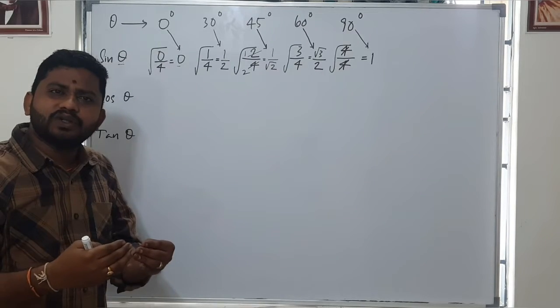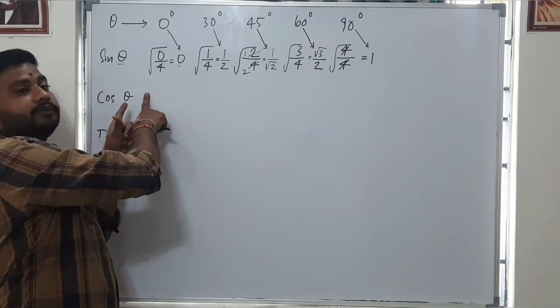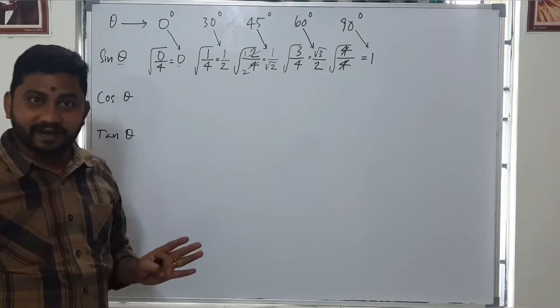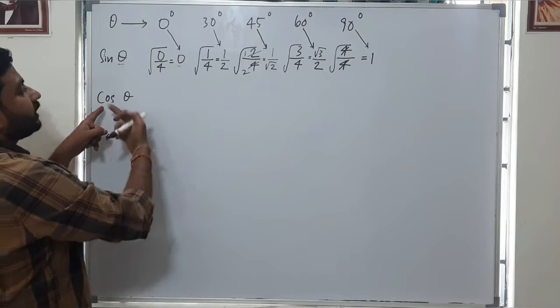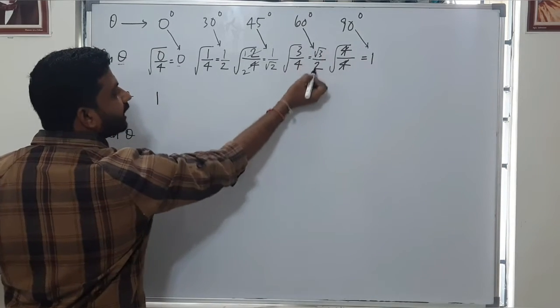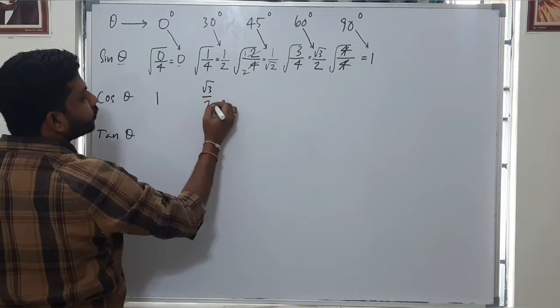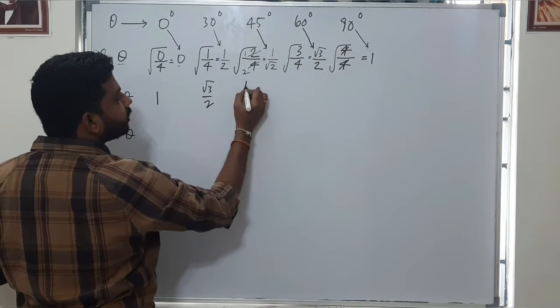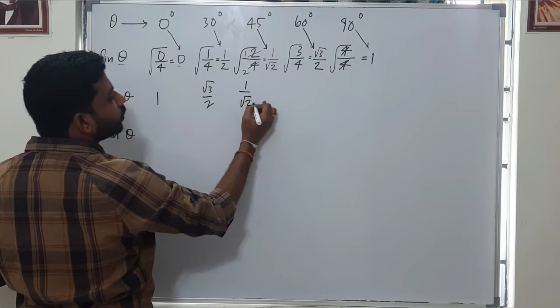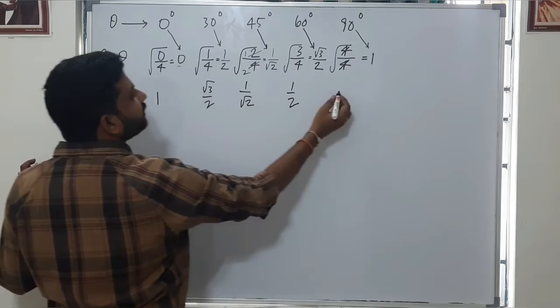Exactly, cos values will be the sine values reversed, and right from here you'll get all the cos values. Clear? So let's start from the last. What is the last one? It's 1. Then what is the second last here? Root 3 by 2. And the third last? 1 by root 2. And next one, it's 1 by 2 and next one it is 0.